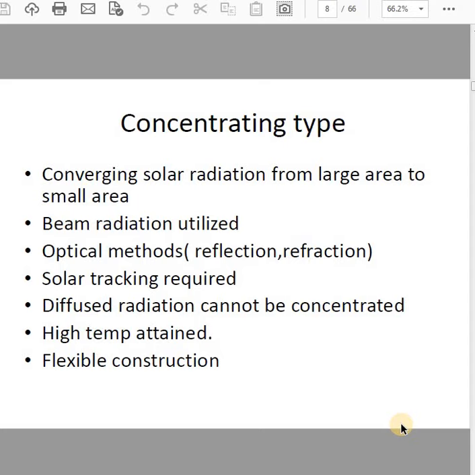Next, solar tracking is required. In concentrating type collectors, just because you are concentrating the maximum amount of sunlight at a particular period of time, solar tracking is required. Diffuse radiation cannot be concentrated.